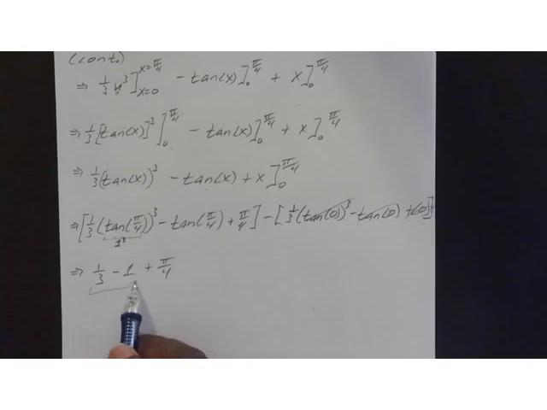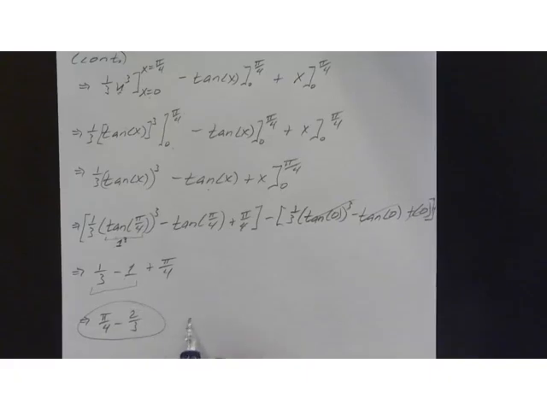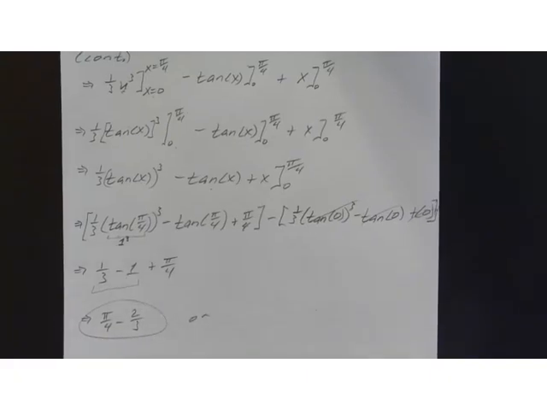Now, if they want the exact answer, once you get 1/3 minus 3 over 3, that's negative 2 over 3. It just becomes pi over 4 minus 2 over 3. Or if you plug that into your calculator, you should get approximately 0.119.